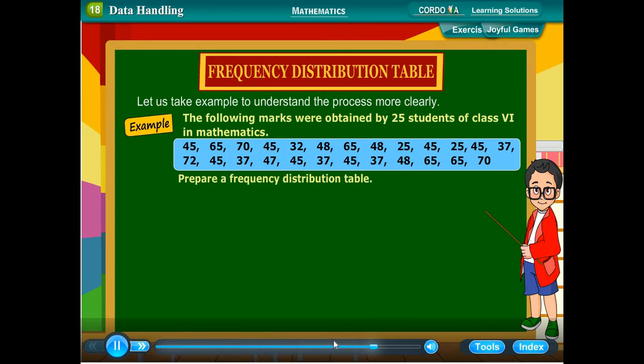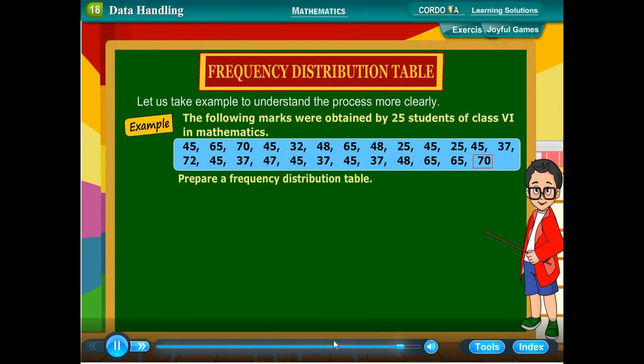Examples. The following marks were obtained by 25 students of class 6 in mathematics: 45, 65, 70, 45, 32, 48, 65, 48, 25, 45, 25, 45, 37, 72, 45, 37, 47, 45, 37, 45, 37, 48, 65, 65, 70.